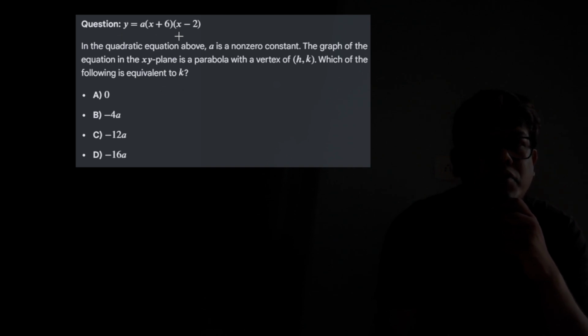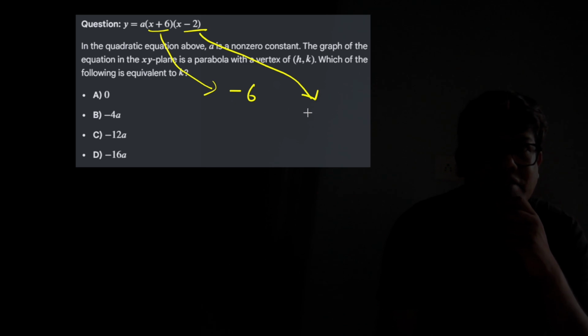Now, from the equation, it's very clear that this parabola is going to intersect the x-axis at, from here I can say it will intersect at minus 6, and from this I can say it's going to intersect at 2. So what will be the parabola?